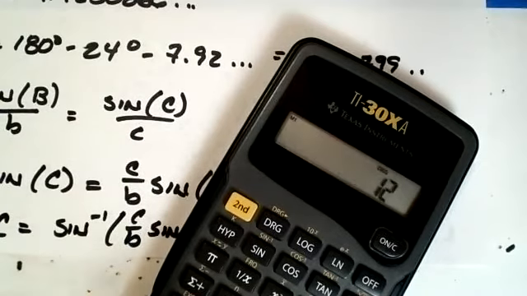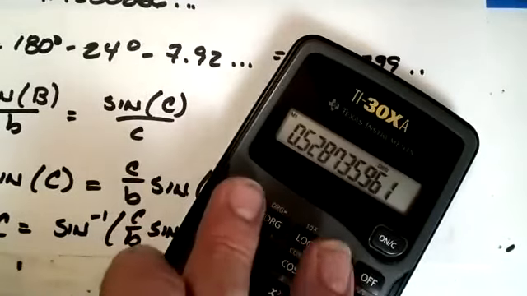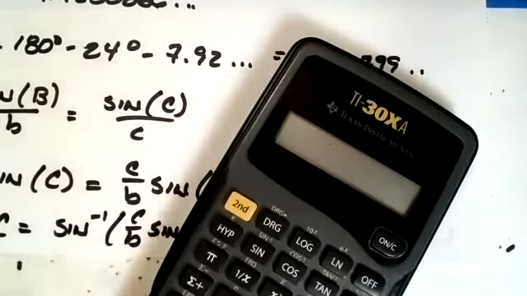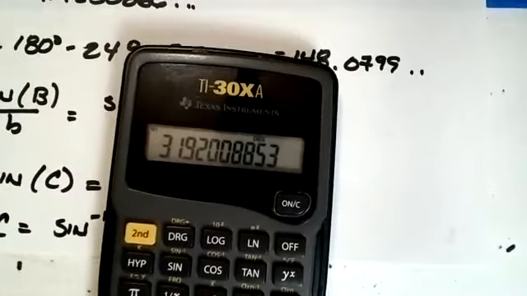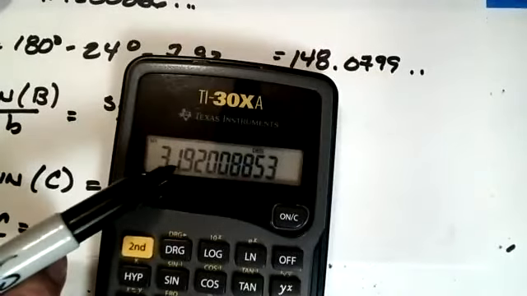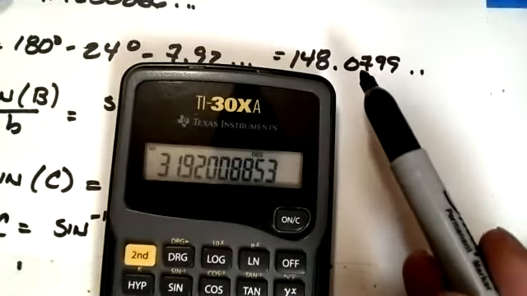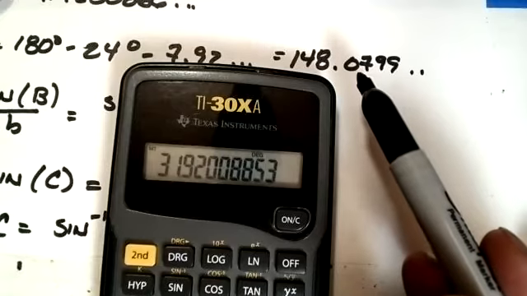So 126.92828 and some change. And then we take the inverse sine. Now notice that's 31.92 degrees, which just happens to be the supplement of what we actually calculated.